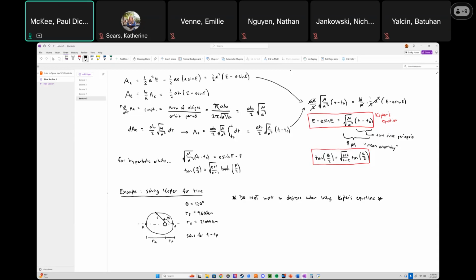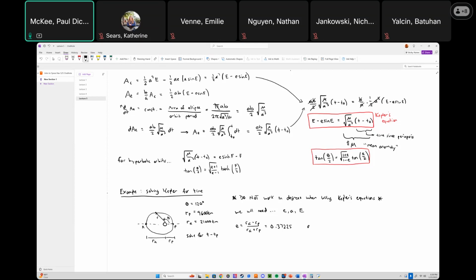In order to proceed, we will need e, a, and E to solve. All right. e, if we just scroll up, is (RA minus RP) over (RA plus RP). And if you plug in and solve, you get that e is 0.37225.